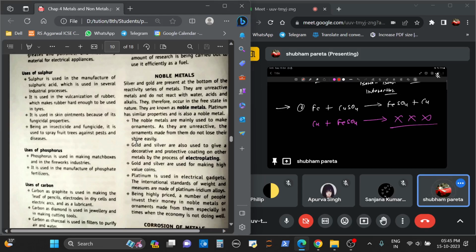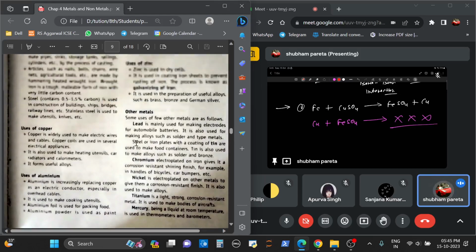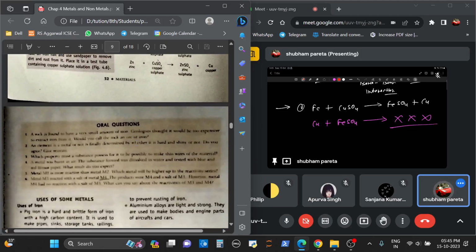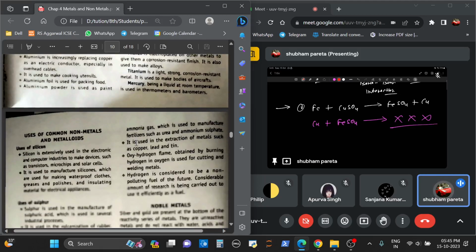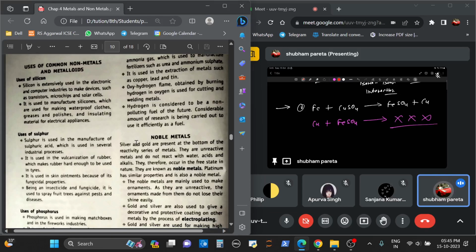Now moreover, as of now we have seen the single displacement reaction, but apart from that there is also a double displacement reaction. Now what do you mean by the double displacement reaction?